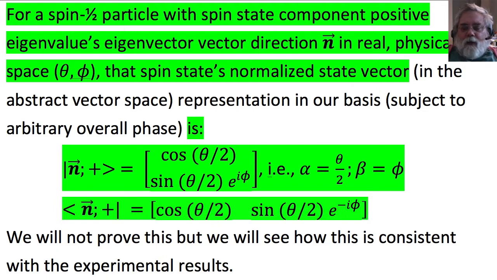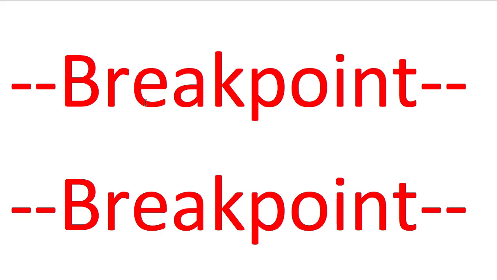And I tell you that in every case that agrees with the experimental results. So you can believe me that this is the state. We have not proven it mathematically, and we're not going to, but we are going to go through experiments that will always agree with experimental results, and they're all based on this representation of the spin 1/2 state vector. This is a possible time to take a break.